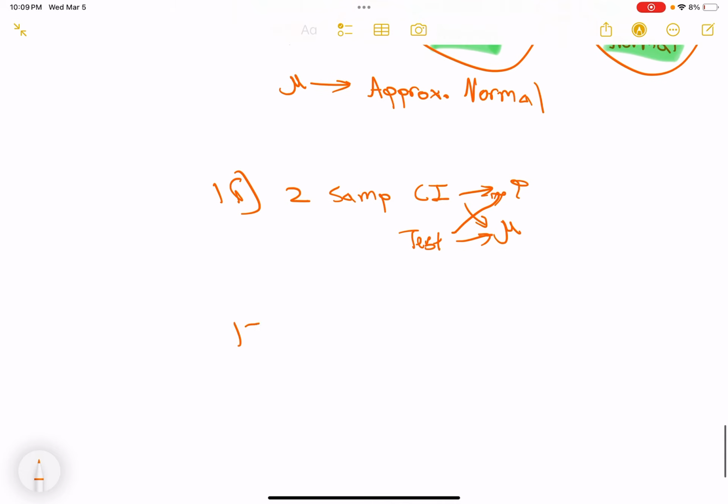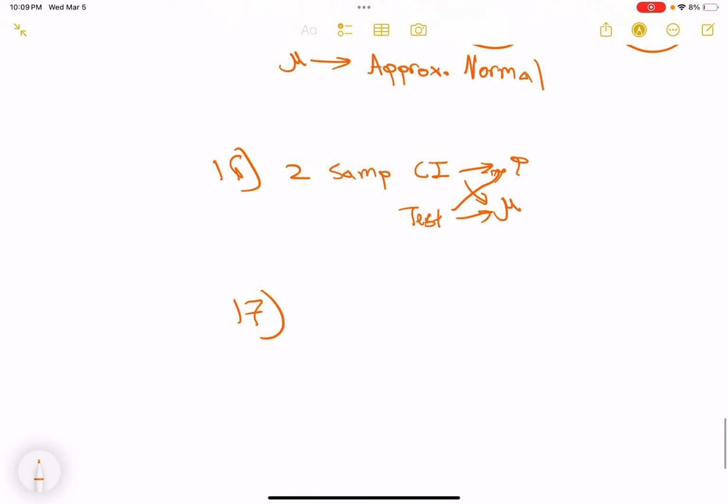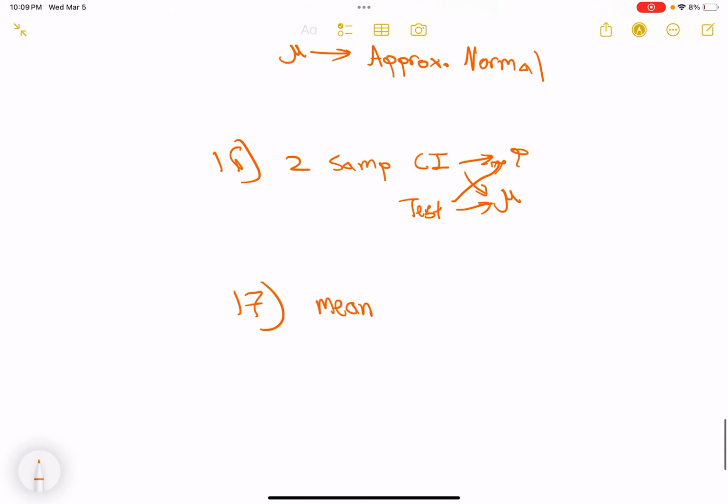You should know, number 17, the meaning. When someone asks, what is the meaning of 95% confident? When you see that, know that they're asking you to define confidence level.